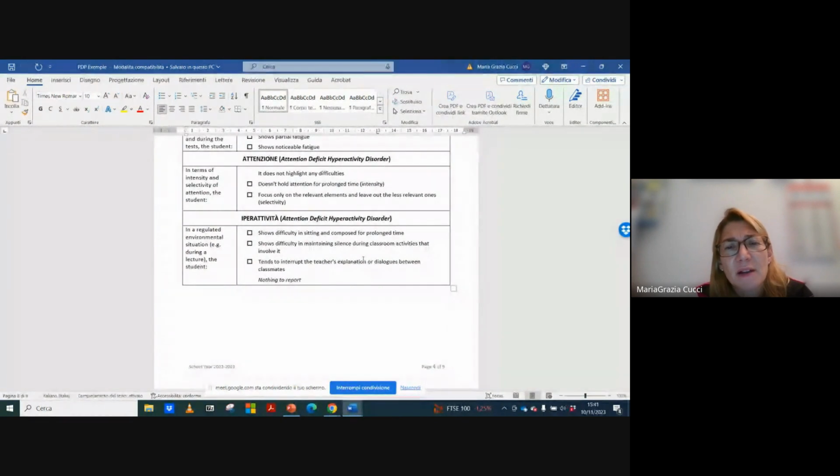If we have somebody that is too active, difficulty in sitting, difficulty in staying composed for a long time, difficulty in remaining silent in class, continuously interrupting the teacher when trying to explain something, or when somebody is talking to the teacher.